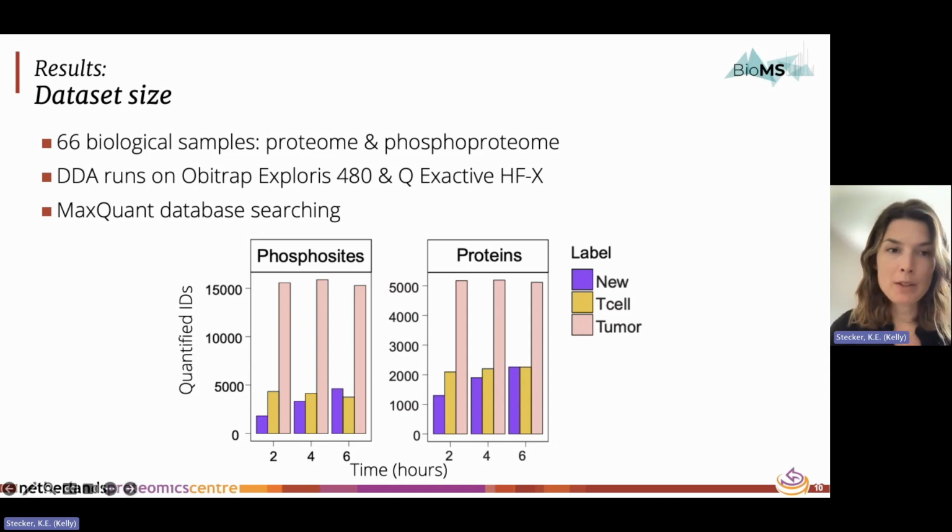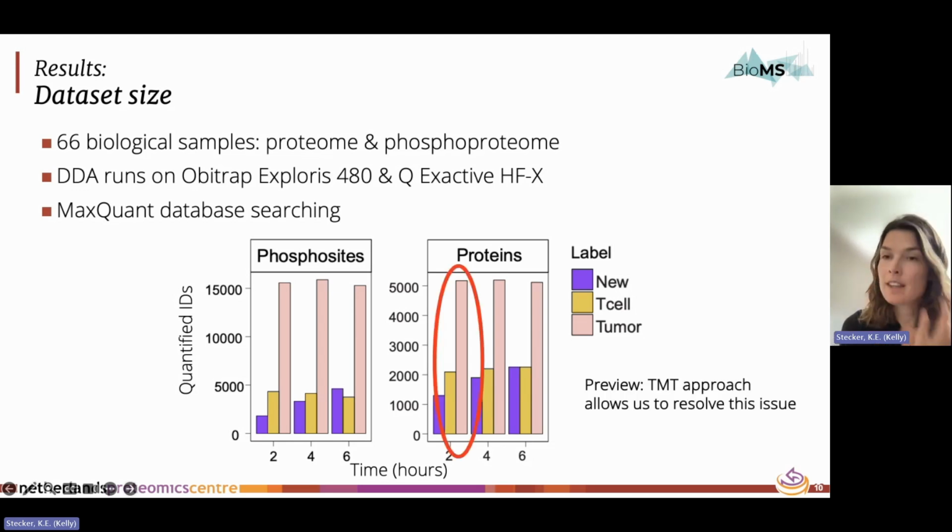And what you can see here in the graph of quantified proteins and phosphosites, and the colors represent the different types of information, tumor, T cell, and newly translated content. You can see that we have far more tumor cell proteins and phosphosites measured than in T cells. So this was not a surprising finding, because we know that tumors are far larger than T cells and they have a lot more protein content.